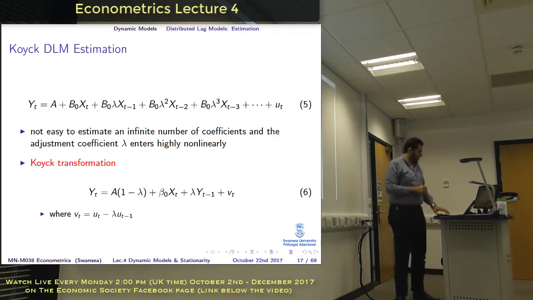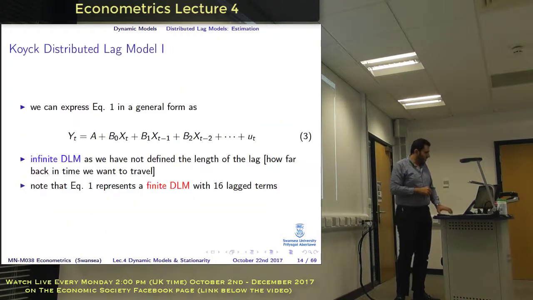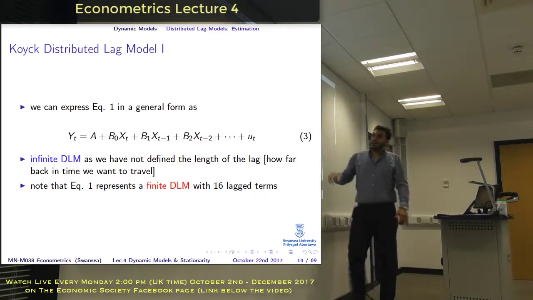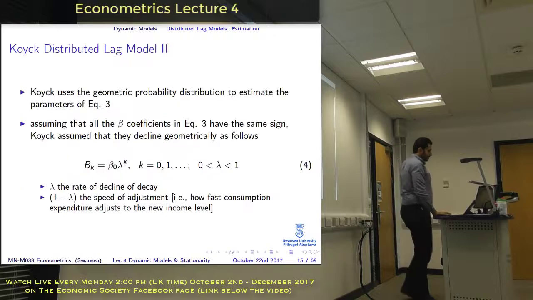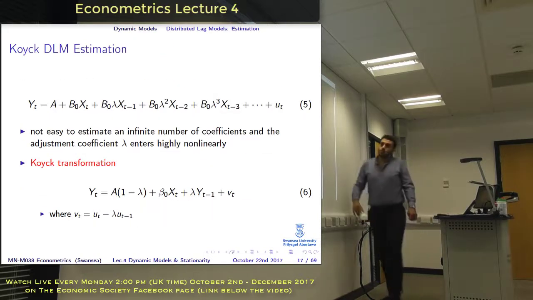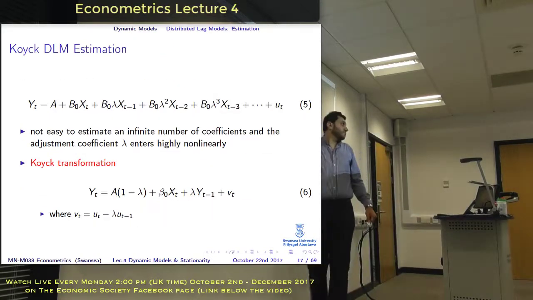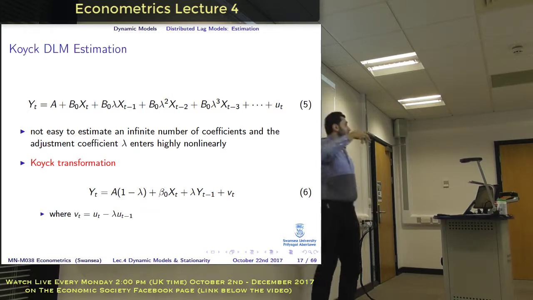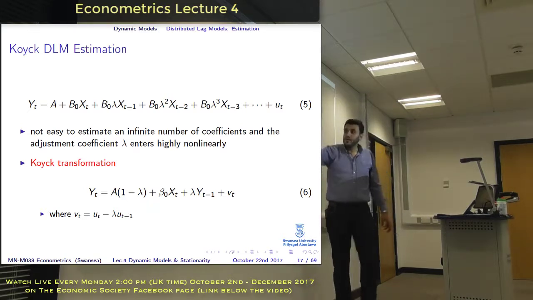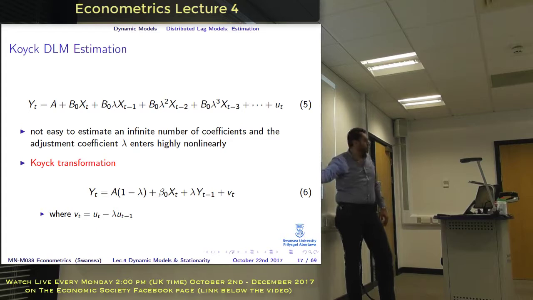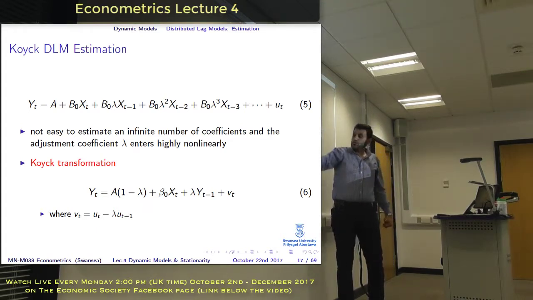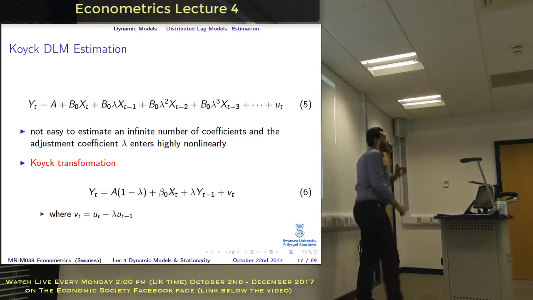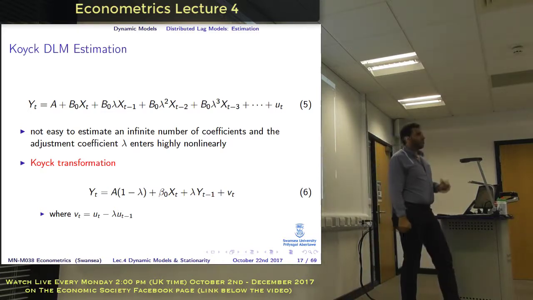In the original model here, you have an infinite number of parameters to estimate. But if we use this formula to do this transformation, if you have another equation of yt minus 1, you multiply by lambda, you subtract these from each other, then you can come to this form. Transforming this model from this form to this form leaves us with 3 parameters to estimate instead of an infinite number of parameters.